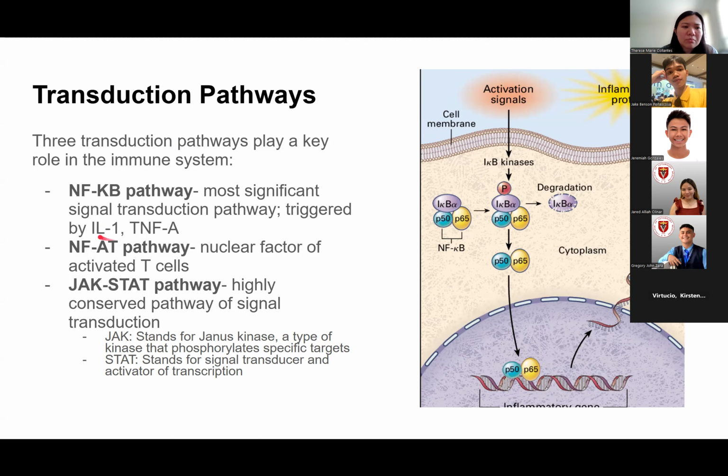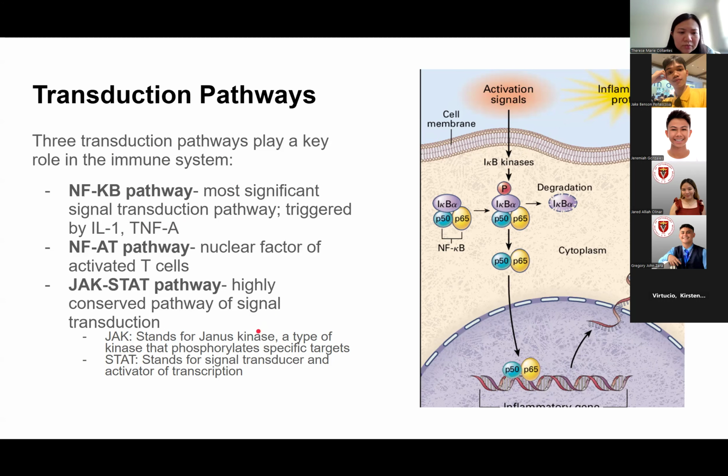And this is triggered by 2 cytokines, the IL-1 and the TNF-alpha. But I think there are others. And then you have the NFAT, the nuclear factor of activated T cells, and you have the JAK-STAT pathway. The JAK-STAT pathway is a highly conserved pathway of signal transduction.